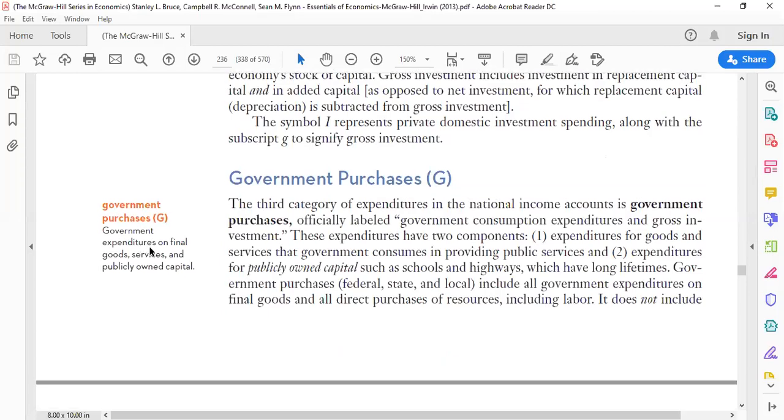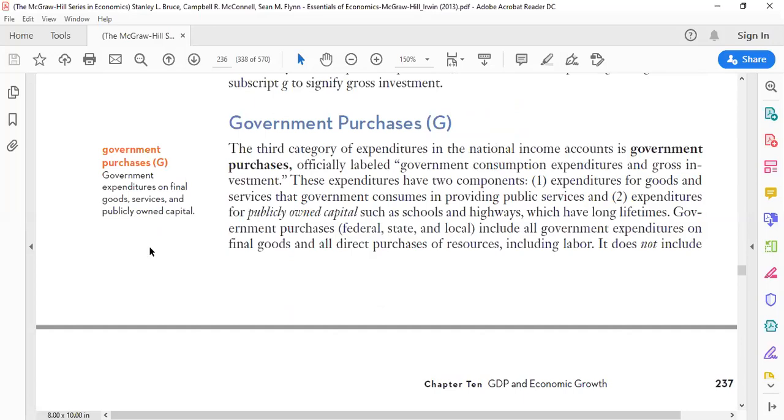Then is government purchases: government expenditures on final goods and services, and publicly owned capital. There are two expenditures. Expenditures for the goods and services that government consumes in providing public services, for example, salaries of the employees of the government.